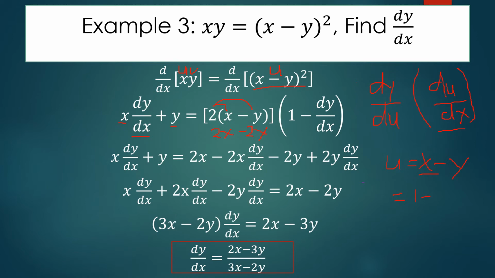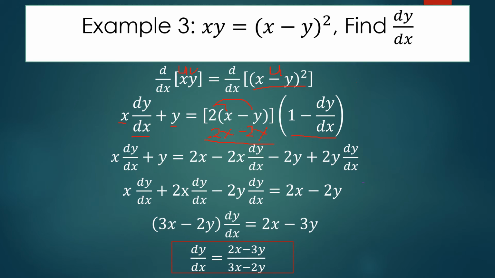And sabi ko, always put dy over dx. Okay, so we have here 1 minus dy over dx. Okay, so multiplying this expression, we have 2x minus 2y times 1 minus dy over dx.